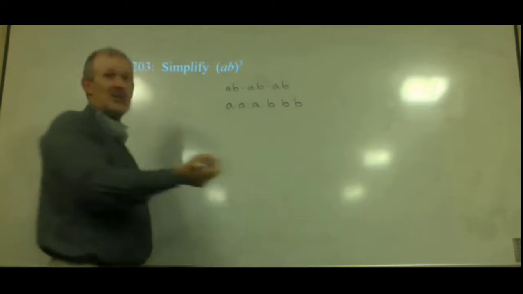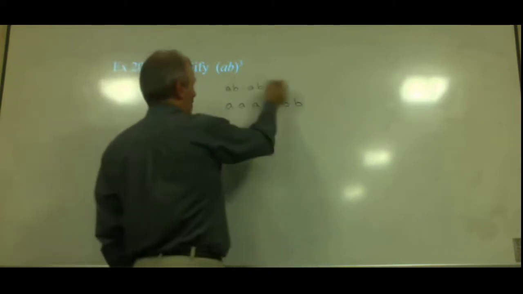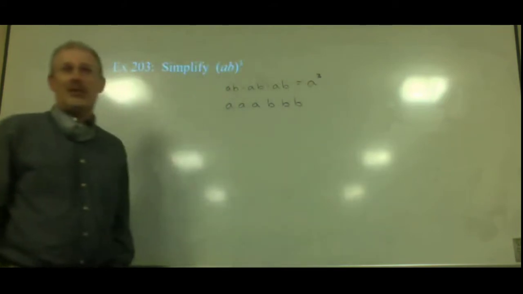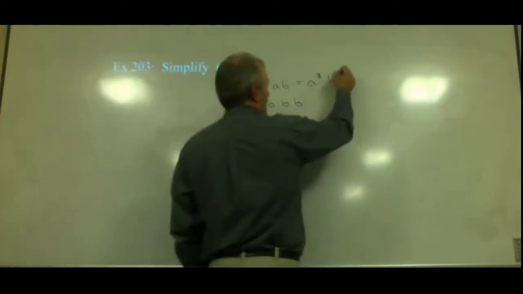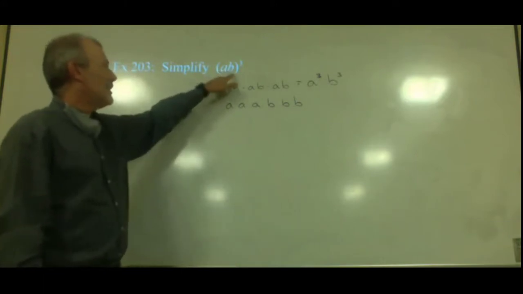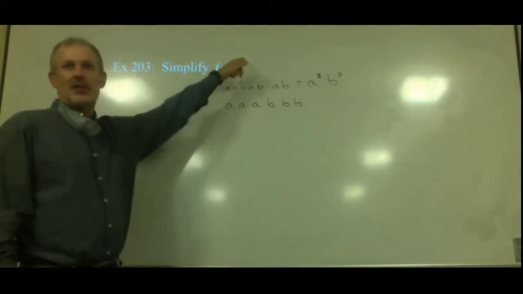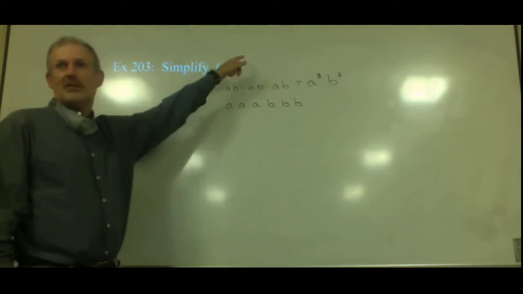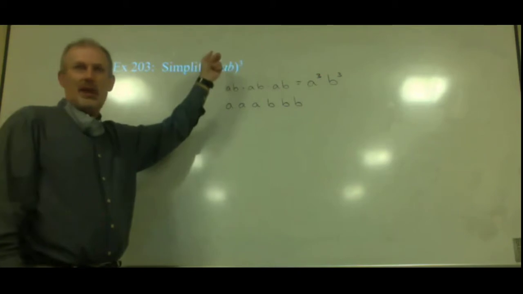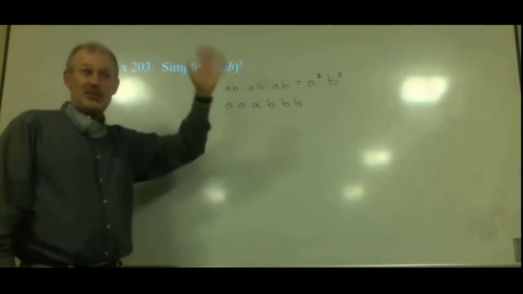And then how many A's do we end up with? 3. Or even right here, you can see there are 3 A's, right? And how many B's do we end up with? 3. So what do you see happens when you have this product A times B raised to the 3rd power? What happens? The 3 applies to both the A and the B, right? Because with multiplication, you can just rearrange.